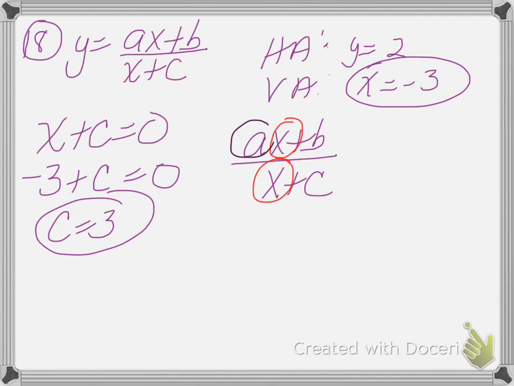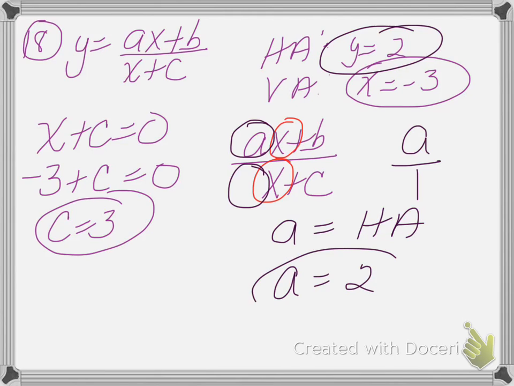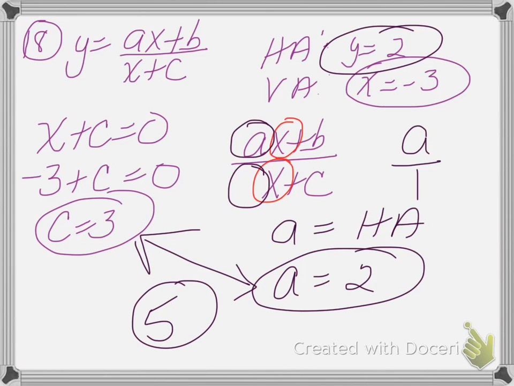So the coefficient of x is a, the coefficient of this x is 1. So that means a over 1, or just a, is going to be your horizontal asymptote, except that you were told that the horizontal asymptote is 2. So therefore a has to equal 2. And the question is saying, what is a plus c? So a plus c would have to be 5, and that was choice E.